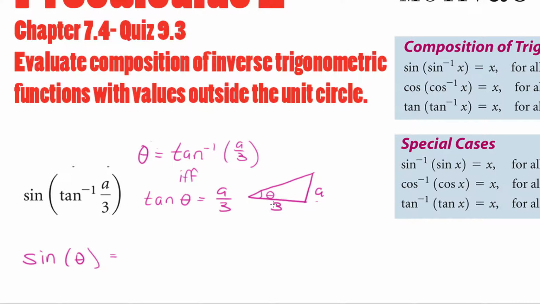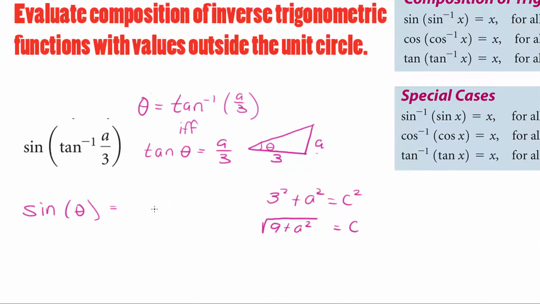And now, what are we missing? We're missing the hypotenuse, right? Since sine is opposite over hypotenuse. And how can we find the hypotenuse? Well, we will need to use the Pythagorean theorem. So it's going to be 3 squared plus a squared equals c squared. Okay? And now, what is c? Well, c is going to be the square root of 9 plus a squared. So, let's continue.